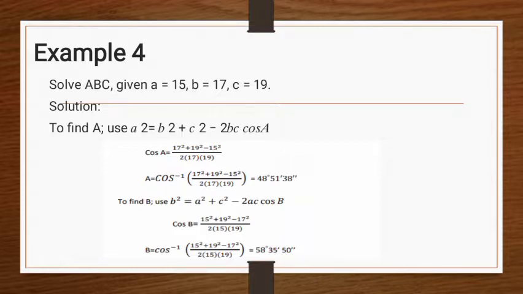To find angle B, use B squared equals A squared plus C squared minus 2AC cos B. Cos angle B equals 15 squared plus 19 squared minus 17 squared over 2 times 15 times 19. B equals cos inverse of that. The answer is 58 degrees 35 minutes and 50 seconds.